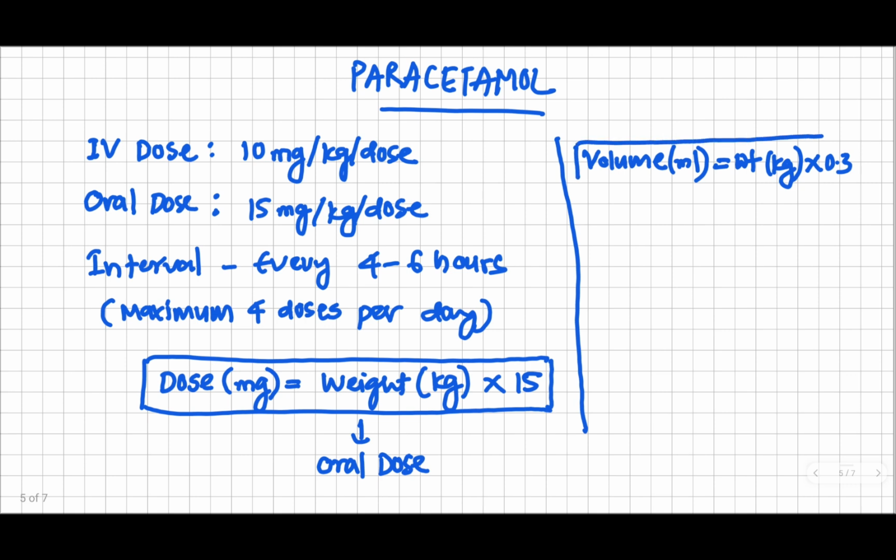So by this shortcut formula also you can calculate the ml. Fine. Now before going further, we will see what are the common preparations or the brands which are available. Fine. So let's see one by one.